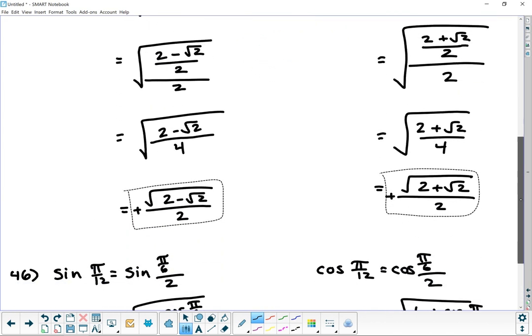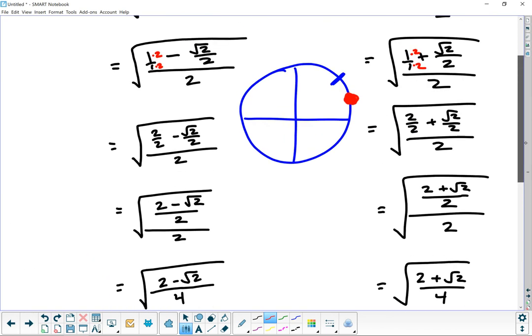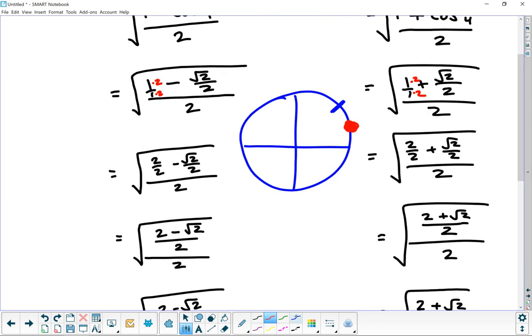And I don't know where pi over 12 is, but I do know where pi over 6 is. Pi over 6 is this first marker right here. Pi over 12 is half of it, which means it's right there. It's even smaller.